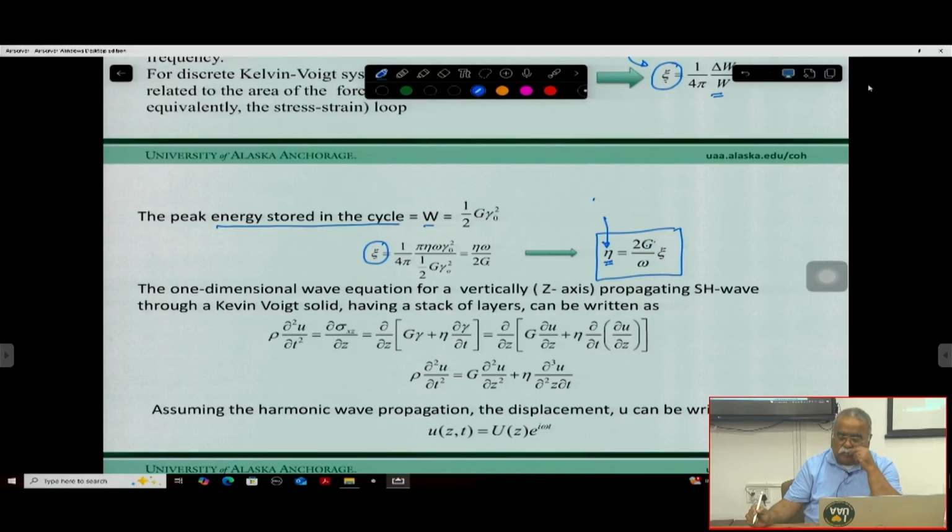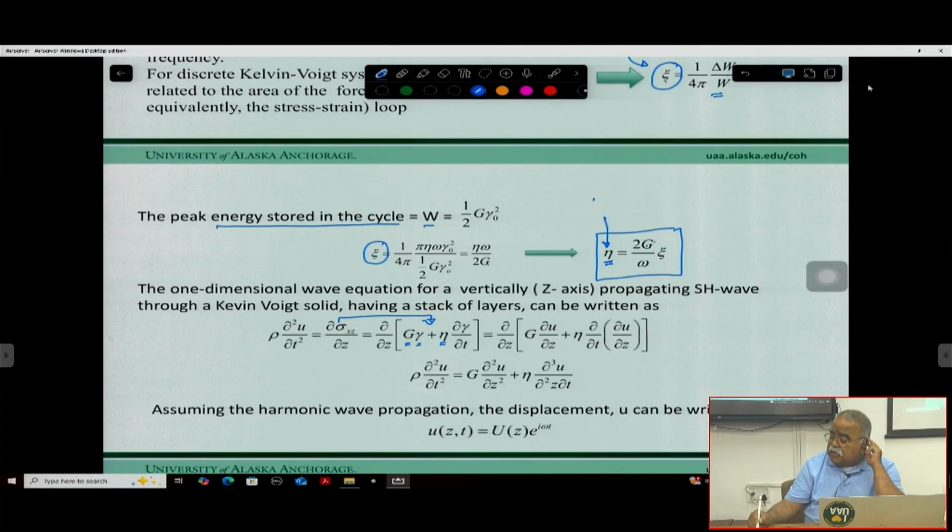This sigma xz is basically the shear modulus multiplied by the shear strain, plus the coefficient of viscosity into d gamma dt.